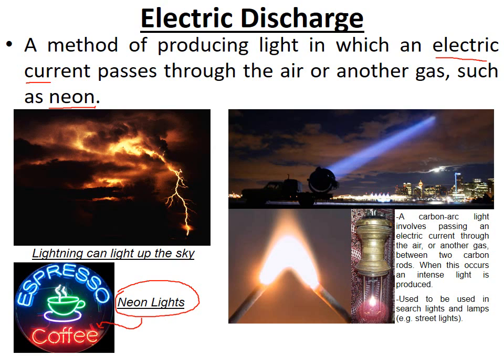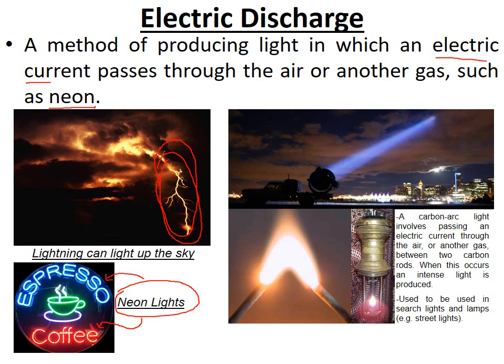Different gases will release different colors of light, and you'll learn more about why that is in grade 11 and 12. Lightning is another example of an electric discharge. You have an electric current going through the gases in the air, and that causes that flash of light that you see.